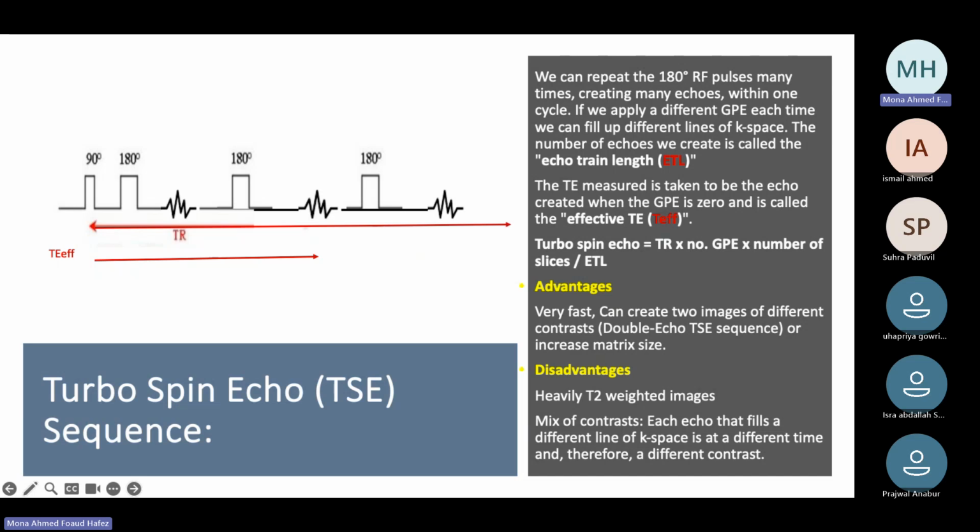We can't do turbo-spin echo except for T2 because it has a long TR. But this T2 image will have a mix of contrast because of the changes in TE. The echo time will change between line and line.